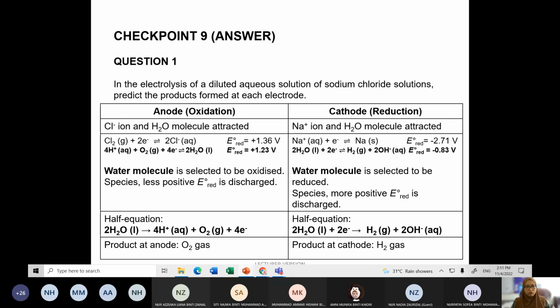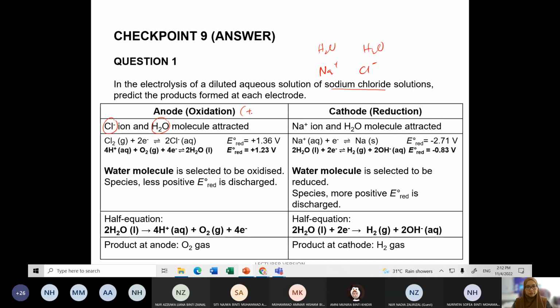Okay, this is for question 1. This is for sodium chloride solution, right? So Na+ and Cl-. Okay, all right, so don't forget water as well. At the anode, we have Cl- and water attracted to the anode.